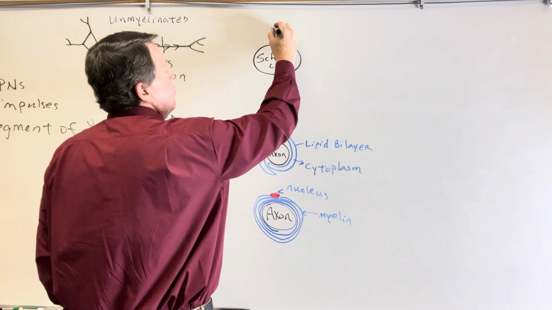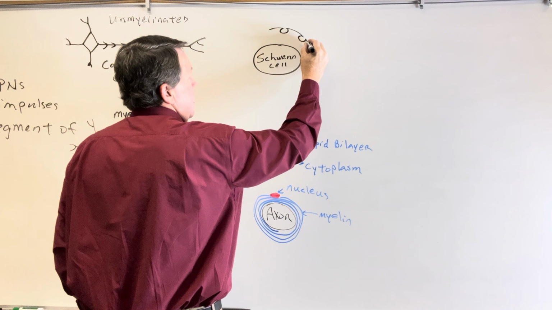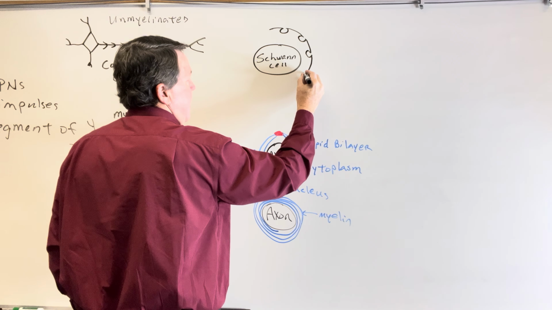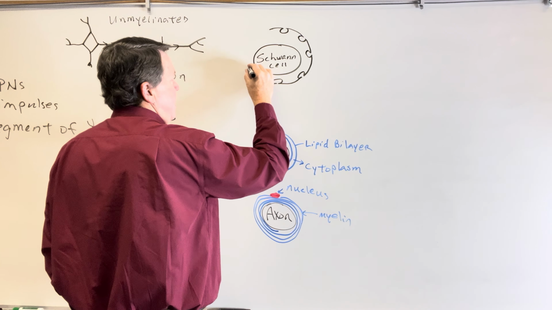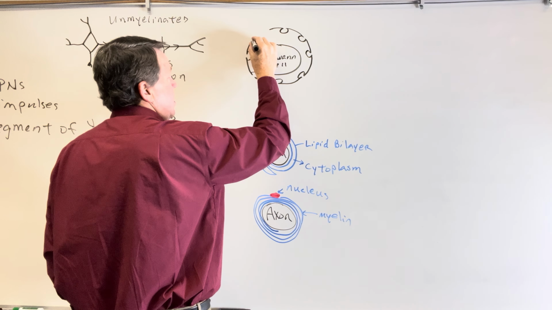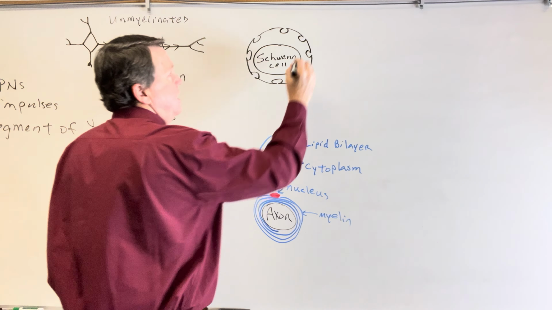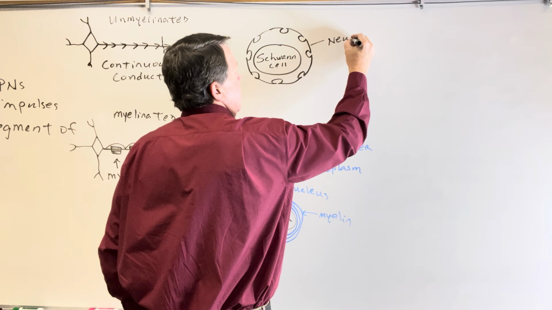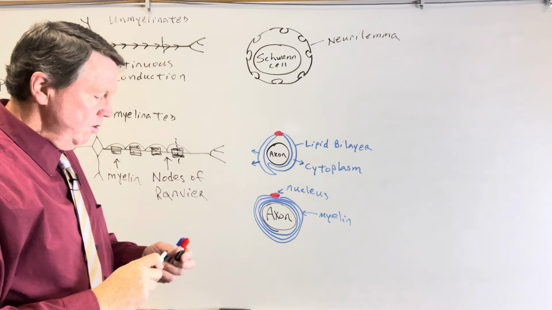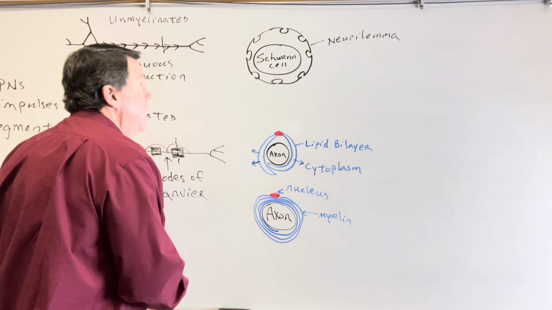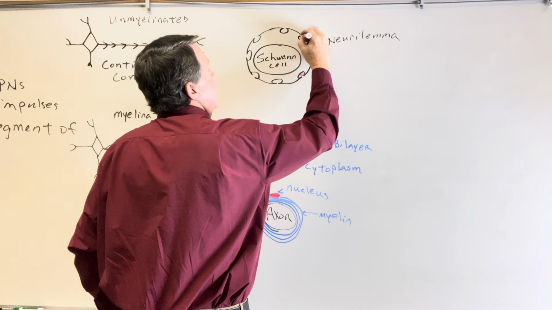And then surrounding this, I'm going to have my neurolemma, and the axons are actually going to indent in here into the Schwann cell, okay? So I'm going to have these indentations. This is the neurolemma right here. And then I'm going to have these indentations here. And in those indentations, I am going to have axons that are basically in the cytoplasm here.